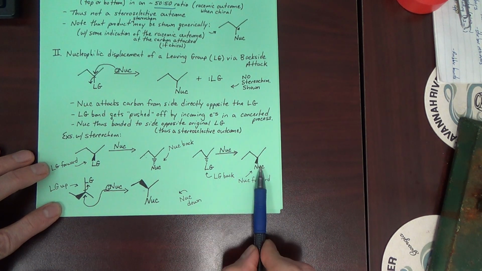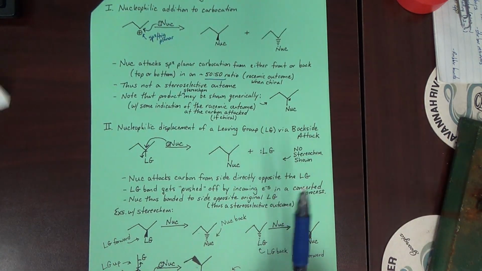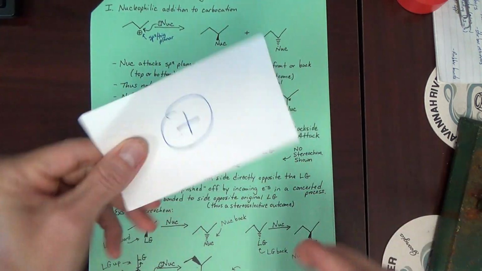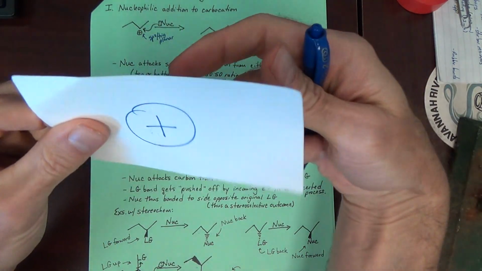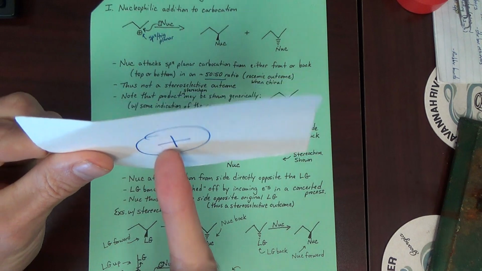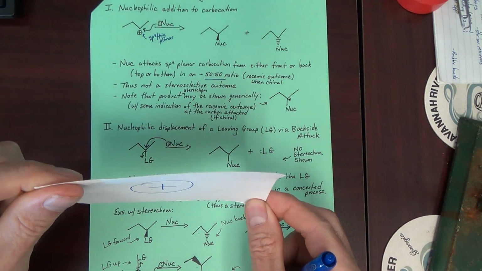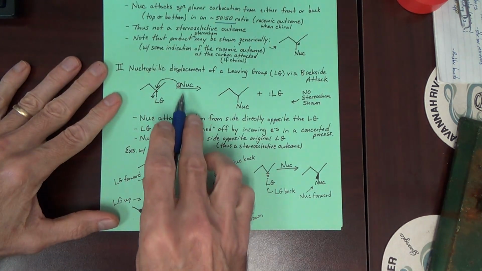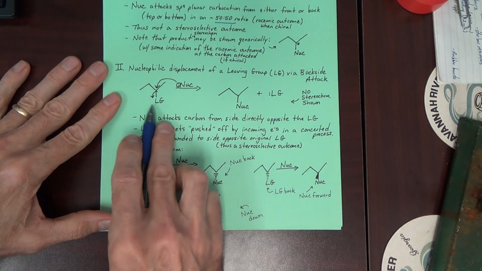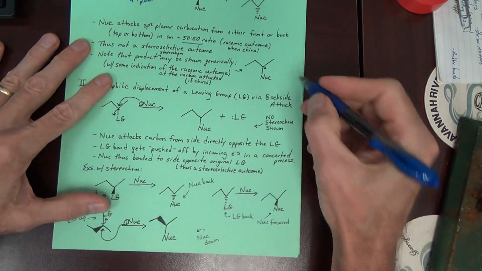Okay, it's always opposite. When you attack a carbocation, it's 50-50. Either top or bottom, or right or back or front. Okay? A carbocation is 50-50. Whenever you kick off a leaving group or displace a leaving group, it's always what we call backside.